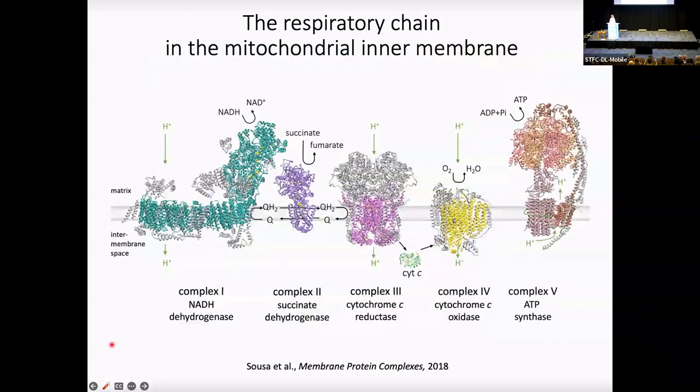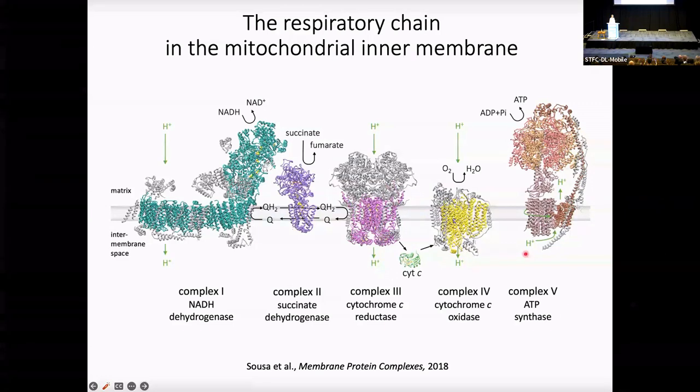And this is all possible because of the respiratory chain in your mitochondria, which transfers electrons from NADH to oxygen, and in the process pumps protons across the inner mitochondrial membrane.